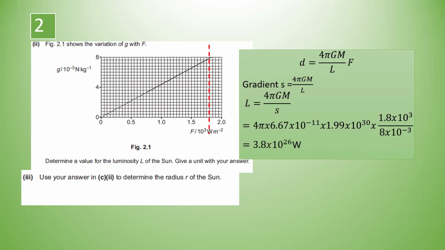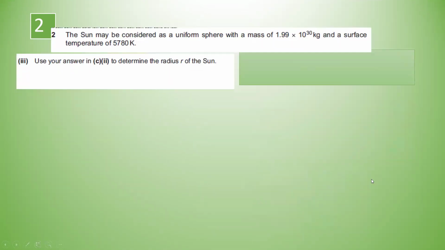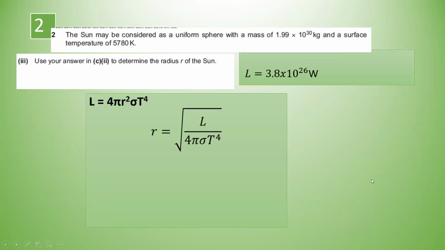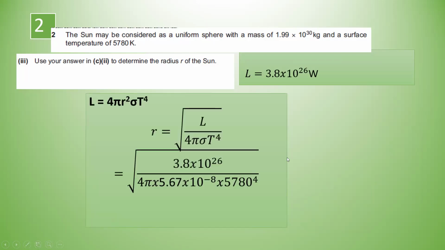Use your answer in C part 2. Determine the radius of the sun. Look at the formula sheet. Can remember so much the better. If not, look at the formula sheet. Rewrite the equation. Put in your value for luminosity, 4 pi.